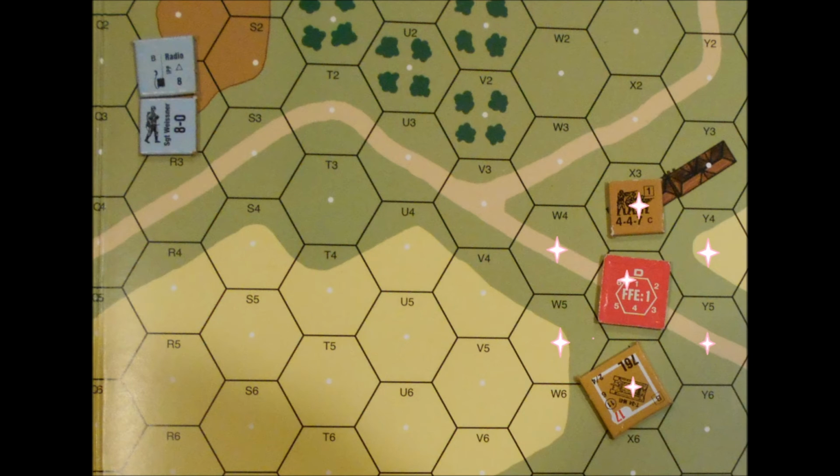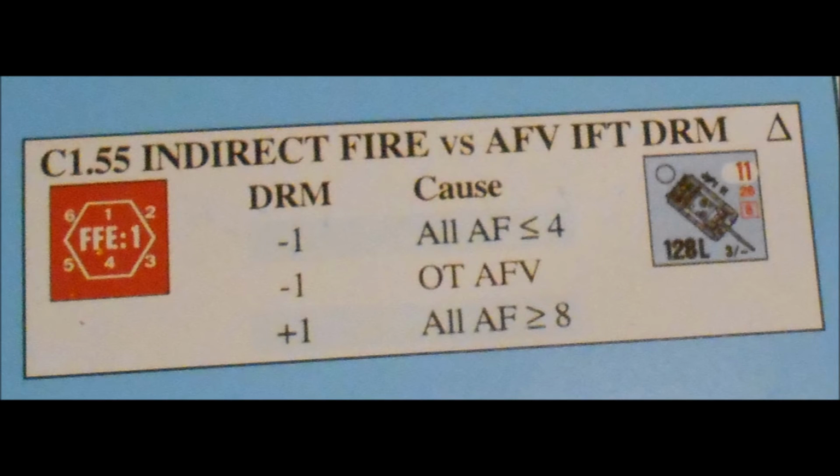To see how this affects the tank, the first table we use is C1.55. We have to see which armor factors apply to this T-34. In this case, none of these modifiers apply. All the armor factors are not less than or equal to 4. It is not open-topped, and all the armor factors for the tank are not greater than 8.